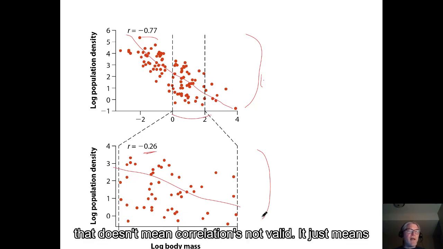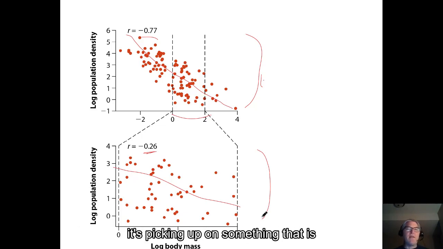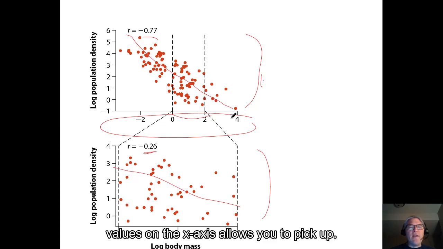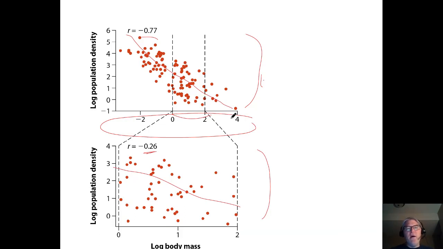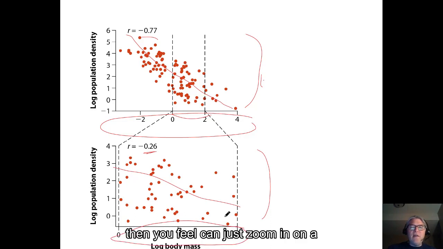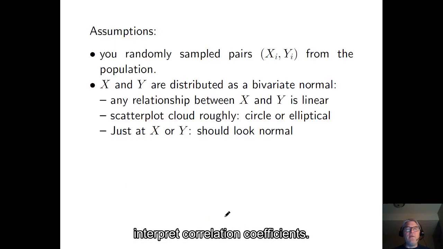So that doesn't mean it's not valid. It just means it's picking up on something that is dependent on the strength of evidence, which, having a larger range of values on the x-axis allows you to pick up more of an association than if you just zoom in on a smaller range of values. Okay, so that's one important caveat in how to interpret correlation coefficients.